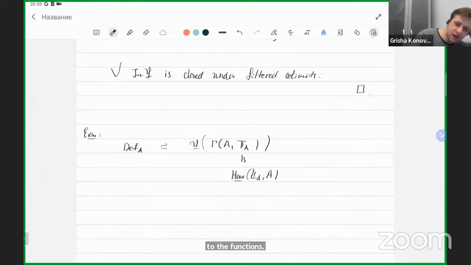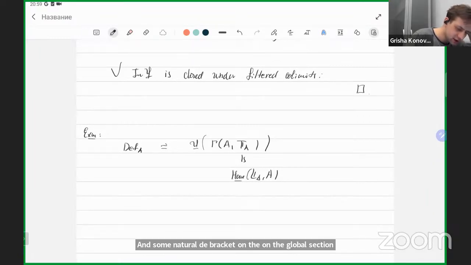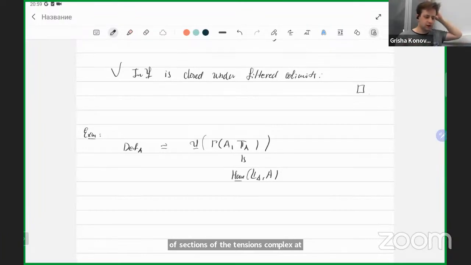And it turns out that there is a natural Lie bracket on the global sections of the tangent complex. And this Lie bracket gives us exactly the functor of deformations of A.